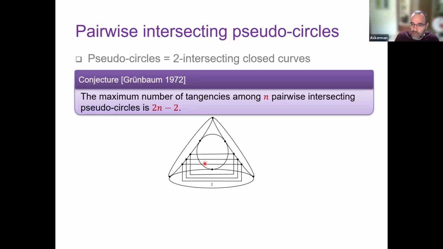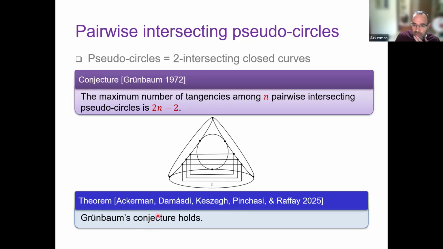These examples show that this bound, if it's true, is tight, because you can always add another: every new pseudo-circle that you add intersects everyone and adds two tangency points. Actually, this conjecture was phrased for digons, but in this case digons and tangencies can be interchanged.